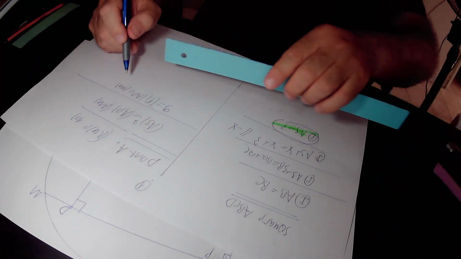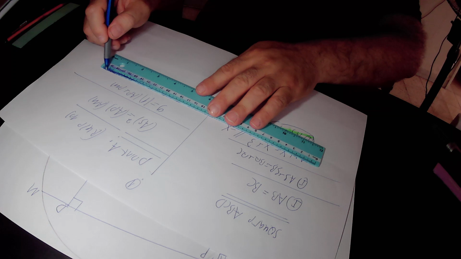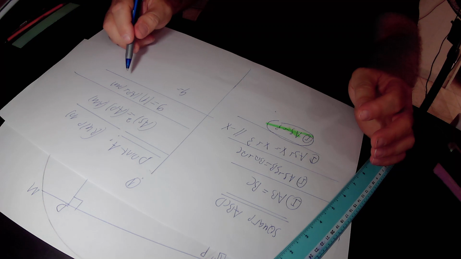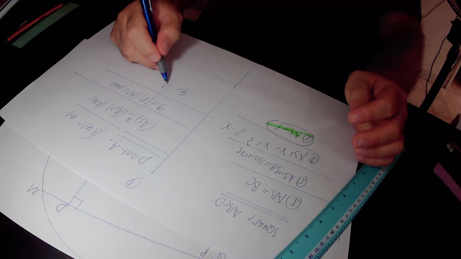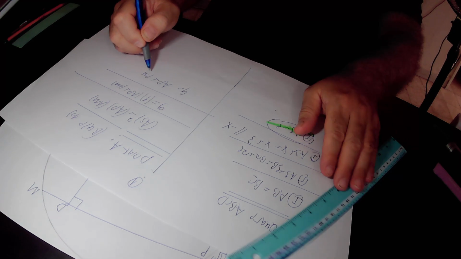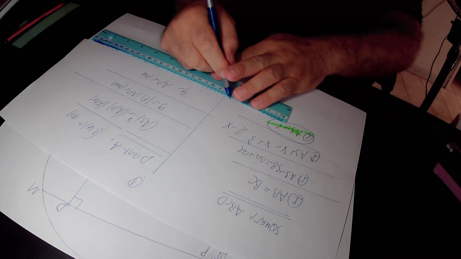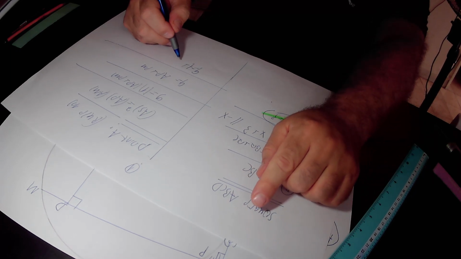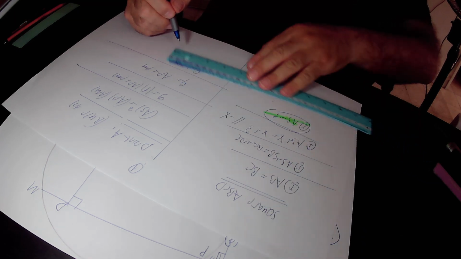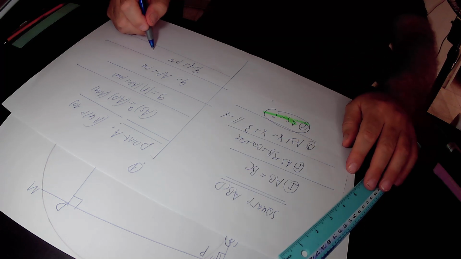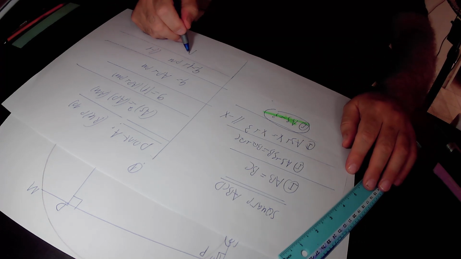So in total we found out that 9 equals 1 times (AP plus PM), so 9 equals 1 plus PM. Here we subtract 1 from both sides, and you get that PM equals 9 minus 1, that is 8.